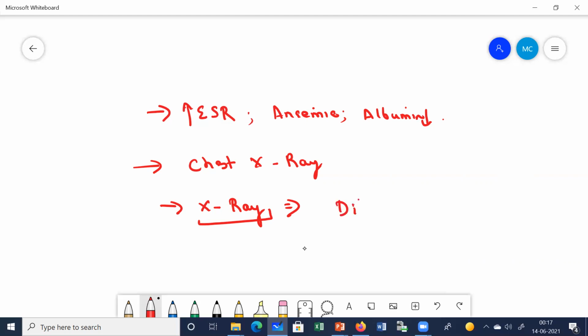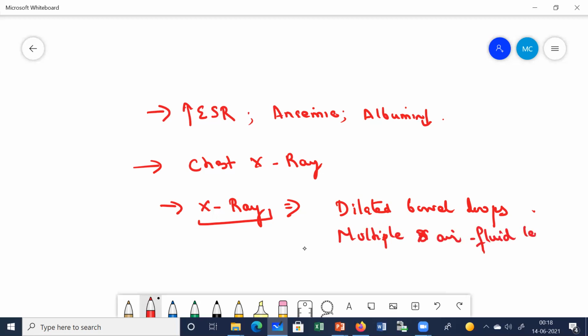There we find the dilated bowel loops. There are multiple air fluid levels, a very common X-ray finding of intestinal obstruction. These are seen in the X-ray.